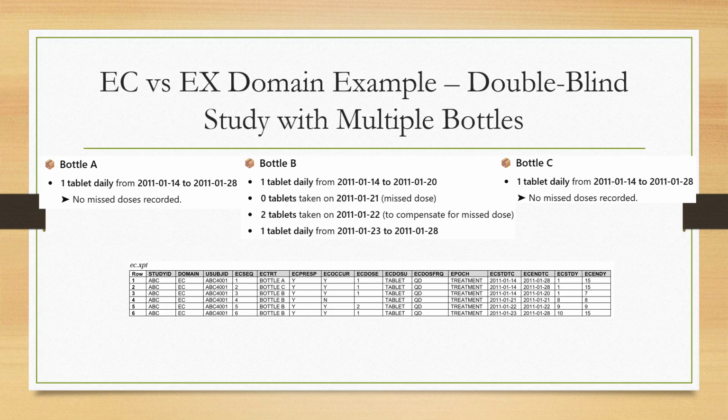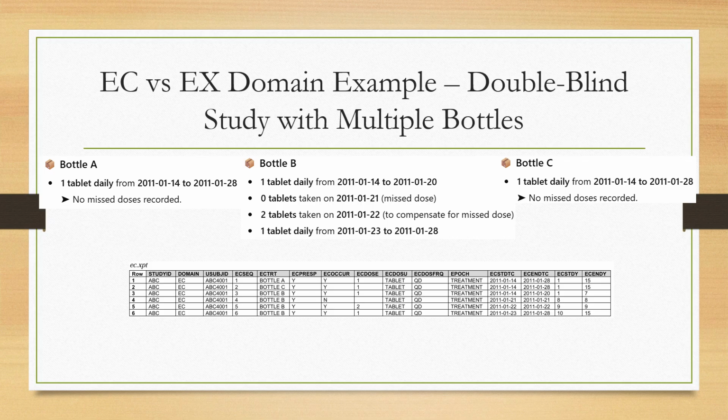So here you can see that for record number 3, we have the dose as one tablet daily from 14th of January till 20th of January for bottle B. And since the subject has missed the dose on 21st of January, we still have kept that record in the EC dataset, but we have populated ECOCCUR as N, indicating that this dosing did not occur, and the EC dose is kept as missing.